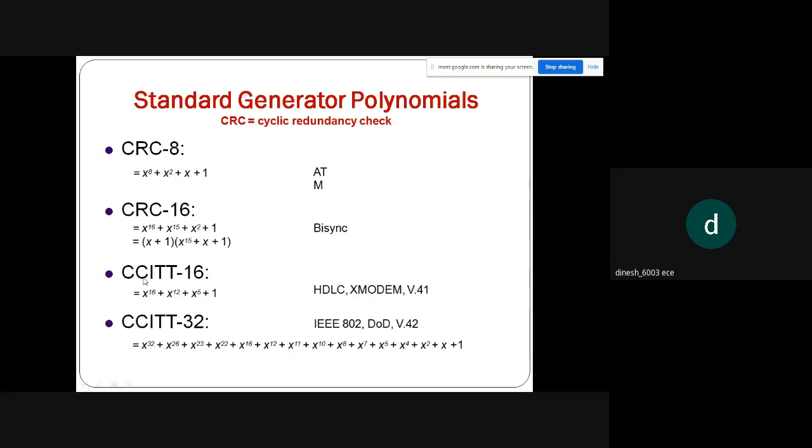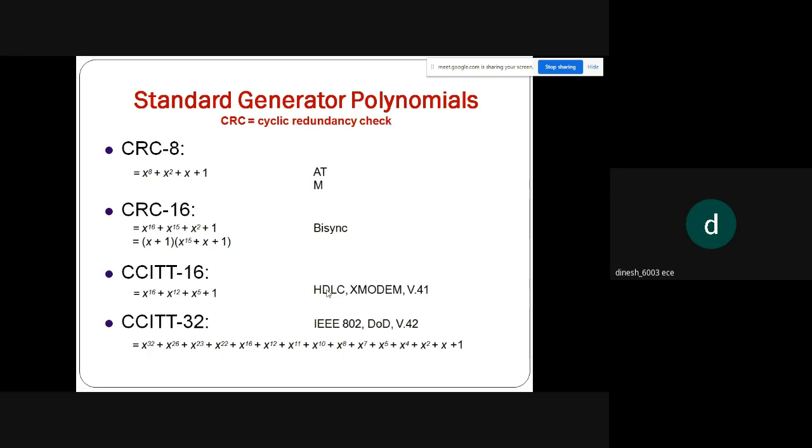And CCITT with 16 bits, CCITT 16, is used in version 41 of High-level Data Link Control, HDLC.